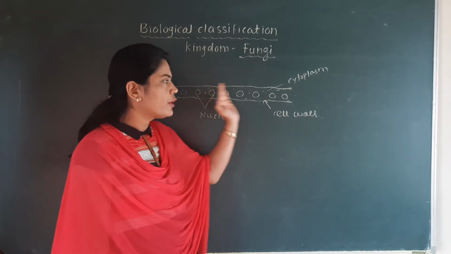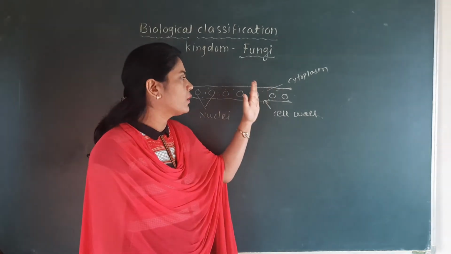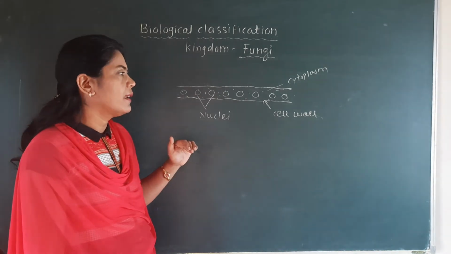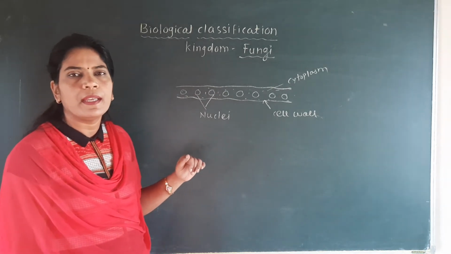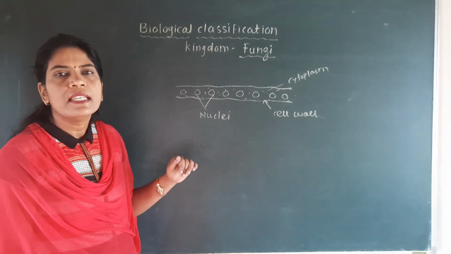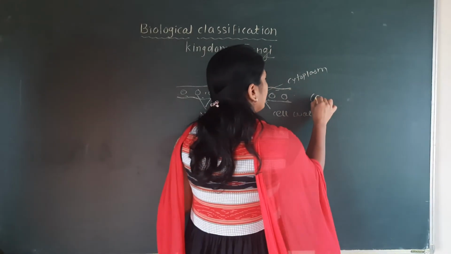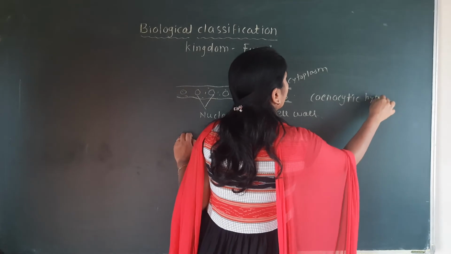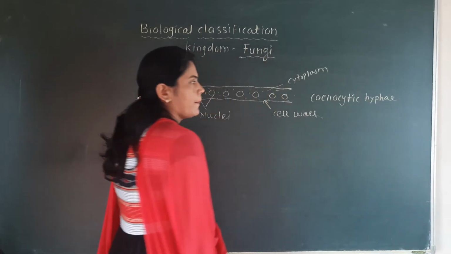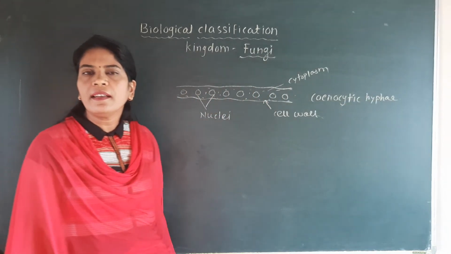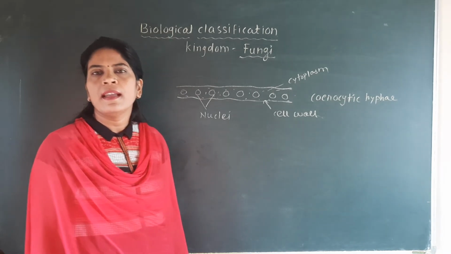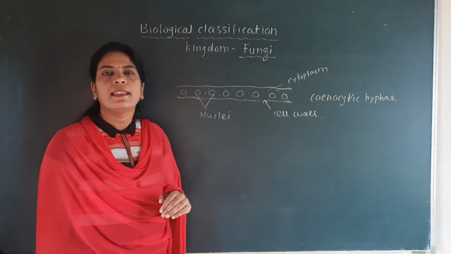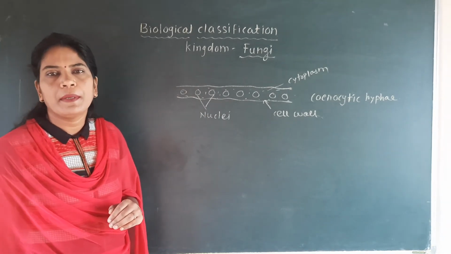It is a continuous tube-like structure. No partition or separation is there between these nuclei, and such a structure of the hyphae is called cenocytic hyphae. The second type of hyphae has a partition between these nuclei, and that is called septate hyphae.